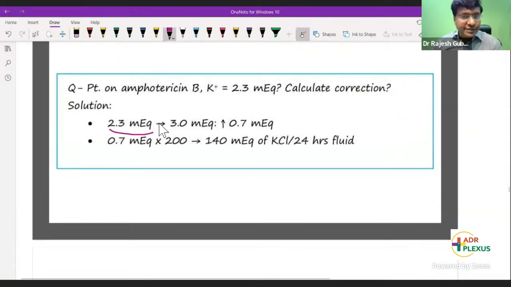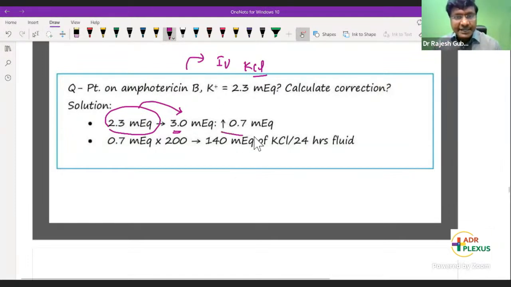Now, suppose the patient's potassium is 2.3 milliequivalents per liter. How much intravenous KCl has to be given? What is your target? From 2.3 you have to reach 3, because once you reach 3, you can give the oral route. The deficit is 0.7 milliequivalents.